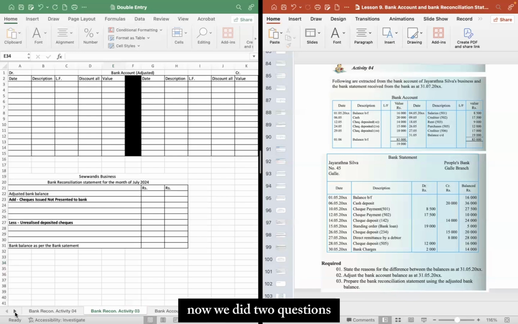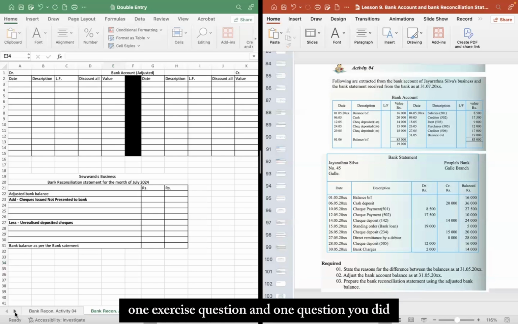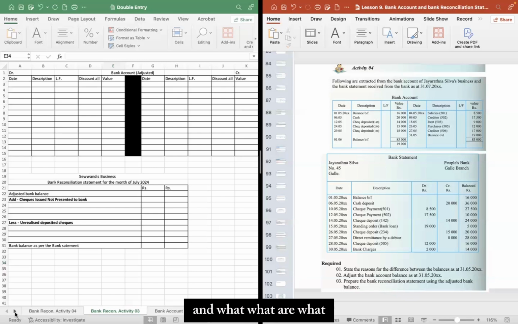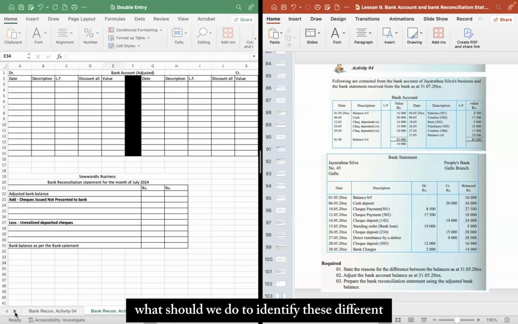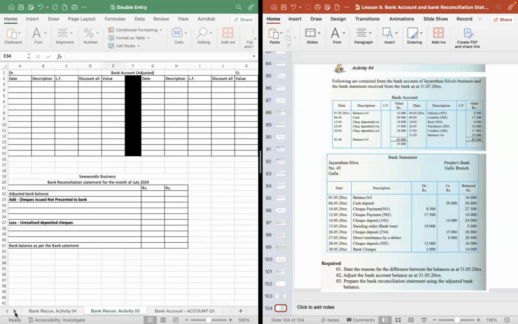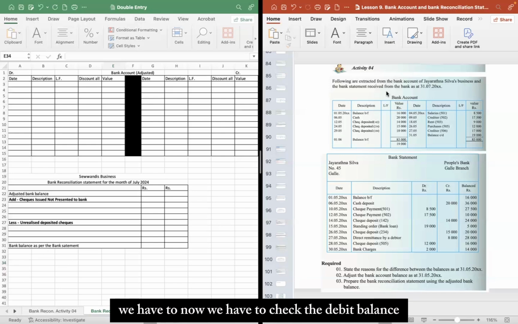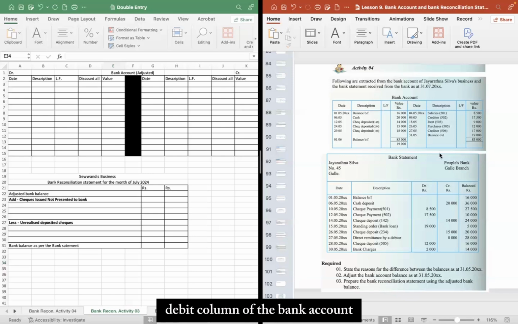We did two questions, one exercise question and one question you did, and then we discussed the theory and revised it. What we have to do is check the debit column of the bank account with the credit column of the bank statement, and the credit column of the bank account with the debit column of the bank statement. Okay, we have to do that.